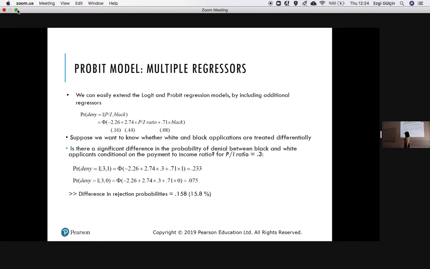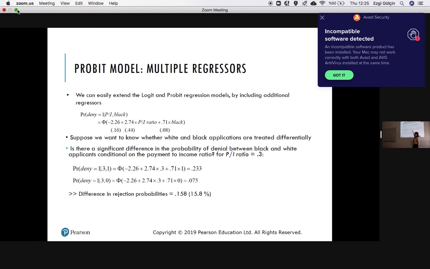So in this case we are evaluating at x equal to 0.3, so at a payment to income ratio equal to 0.3, and then we compare the predicted probability when race is equal to 1 and race is equal to 0.